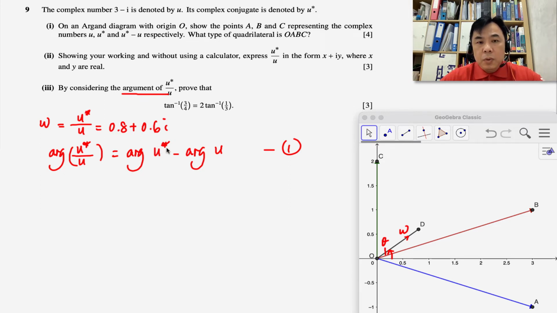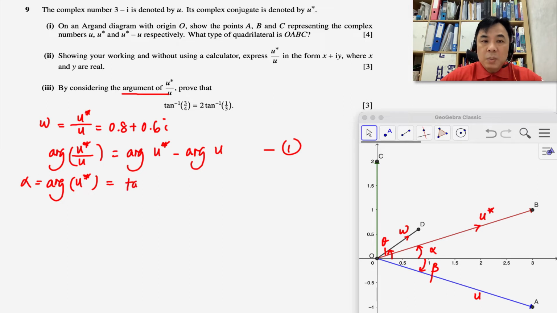Now the argument for the complex conjugate u star, if I label it alpha here, and u has argument beta. The argument alpha of the complex conjugate can be represented in the form of tangent inverse.